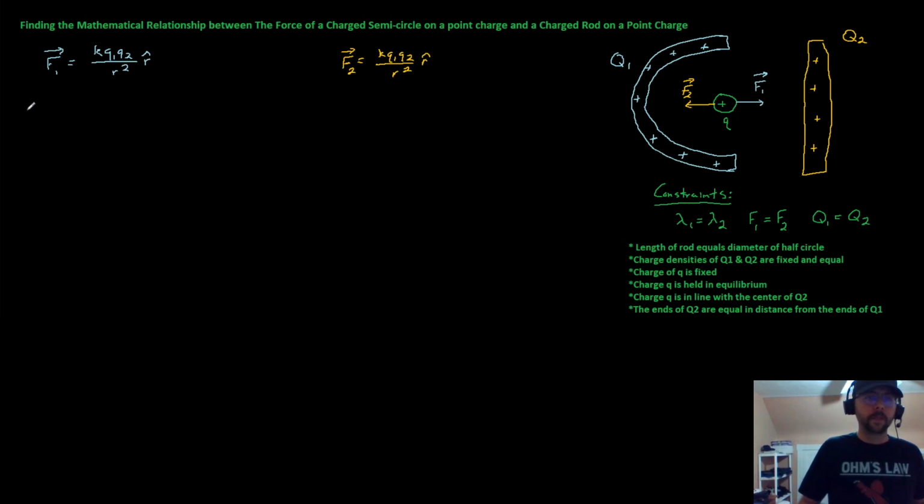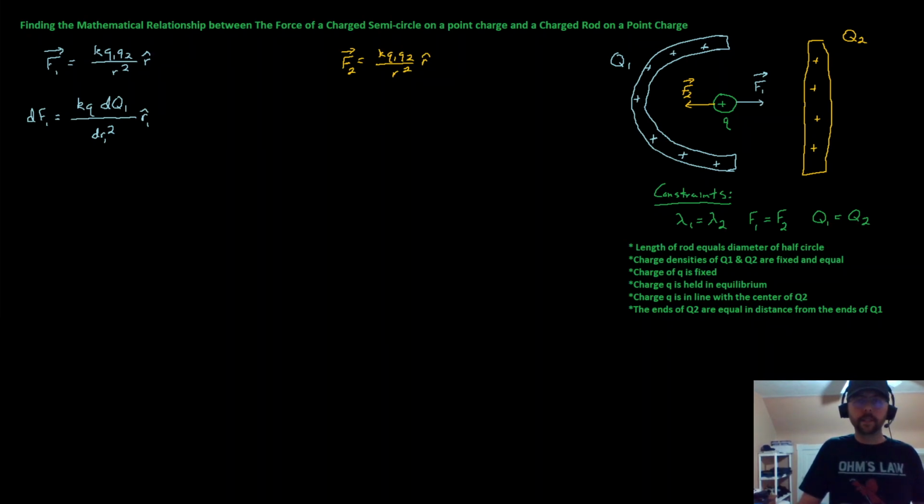So we have to do dF sub 1 equals k. We'll make Q1 the little charge. Q2 will become dQ1, and then all of this will be over dr1 squared, R hat 1.